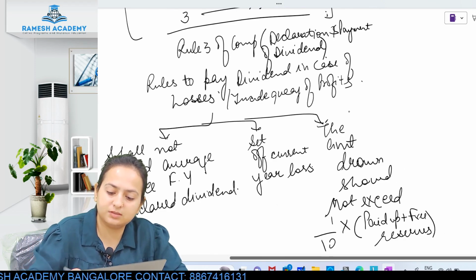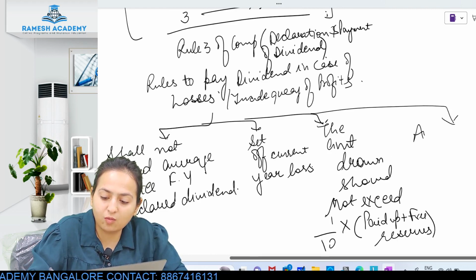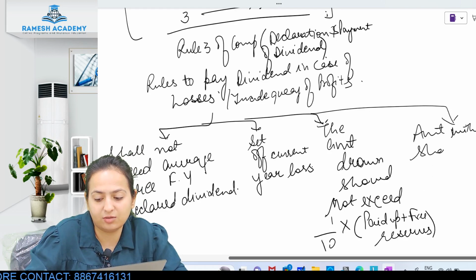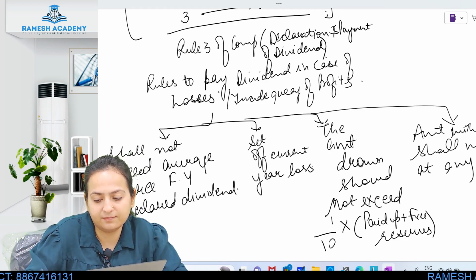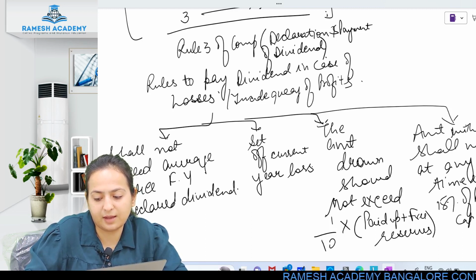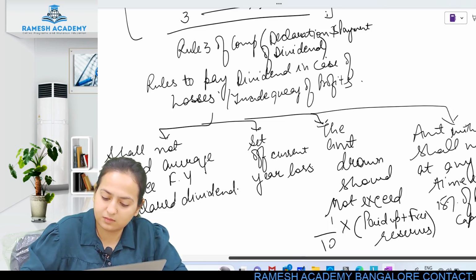Fourth rule is, now whatever amount you are withdrawing, it shall not at any time exceed 15% of paid up share capital.